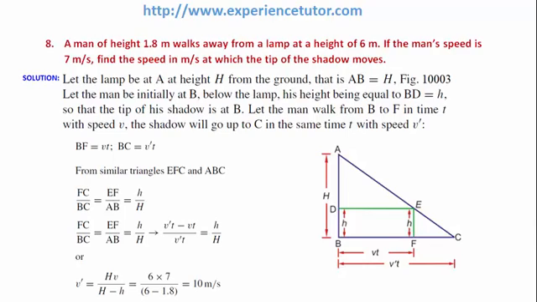Let the man walk from B to F in time t with speed v. The shadow will go up to C in the same time t with velocity v dash. BF is equal to vt, BC is equal to v dash t.